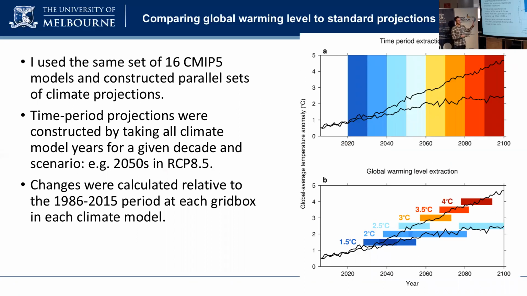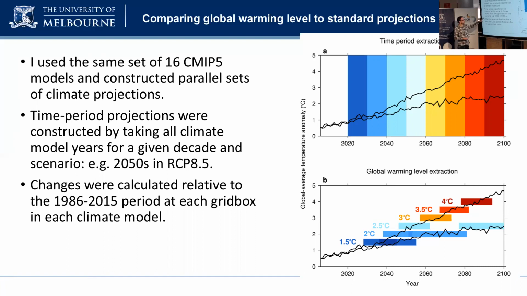So I'm using 16 climate models, these CMIP5 models, and I'm basically constructing these two parallel sets, these two parallel ensembles to compare. So I've got these time period projections, which are on the top there. I inadvertently made something that looks a bit like the warming stripes that Ed actually quite often makes, and you might have seen for observed temperature change.